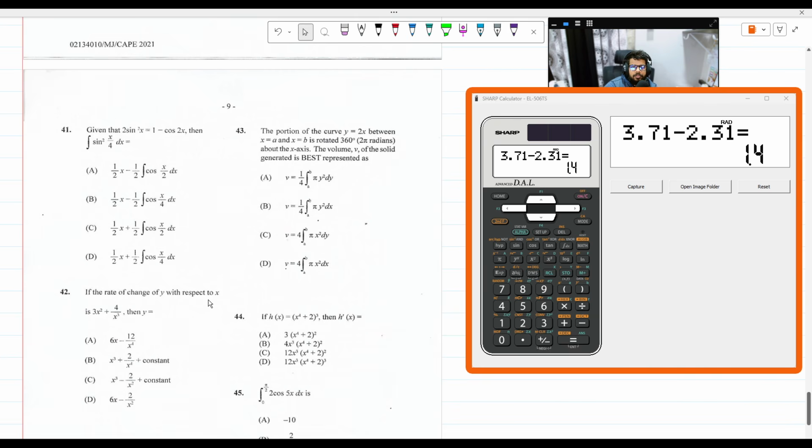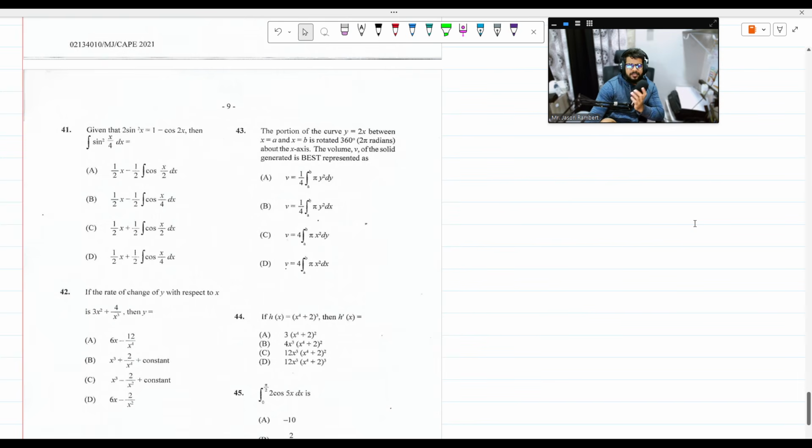Alright, so this one, let u be x on 4, so looking at cosine x on 2. I can't remember which one was the answer for this because it's really similar to the one from before, so let me go through the working. So let u be x on 4.